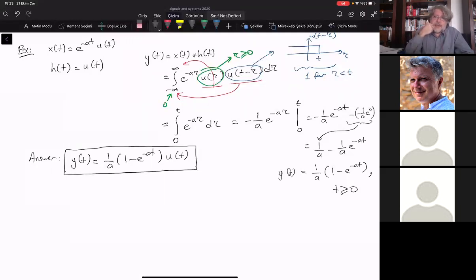You should be at least able to apply the convolution sum or the convolution integral. And for that, calculus is necessary. You have to know integrals. If you don't know the integral of e to the minus at, or if you cannot solve definite integrals, it means you are in trouble. So I hope you know calculus. Do you have any questions about that?